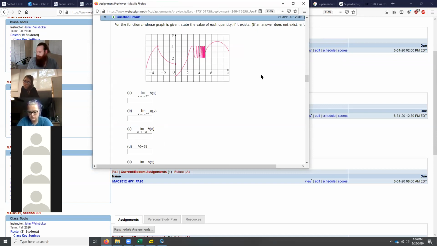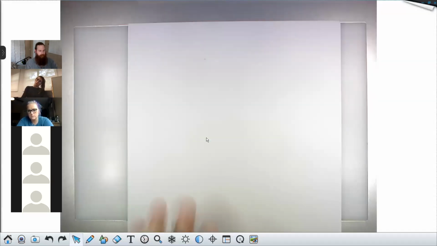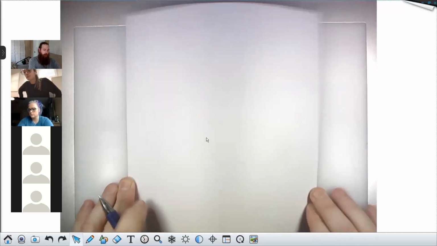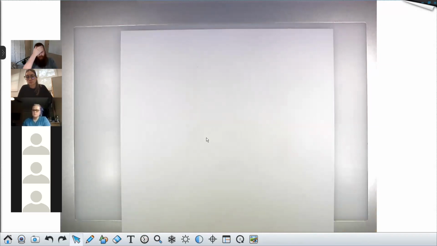So if you have the graph of the function, calculating limits is not all that bad. Another fun thing to do is to give yourself a set of criteria and see if you can draw a function that has those properties.